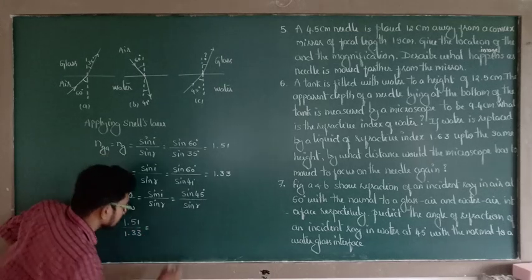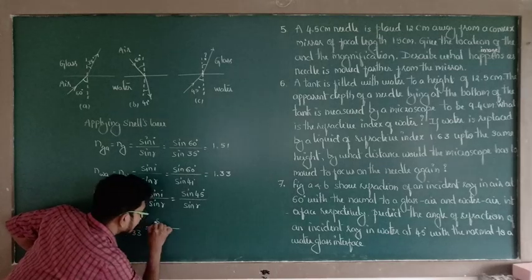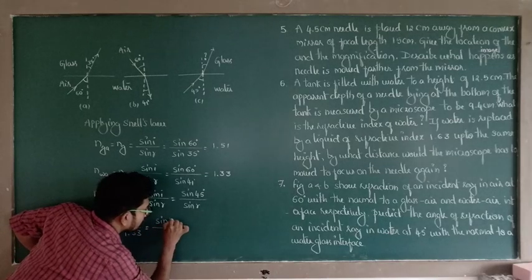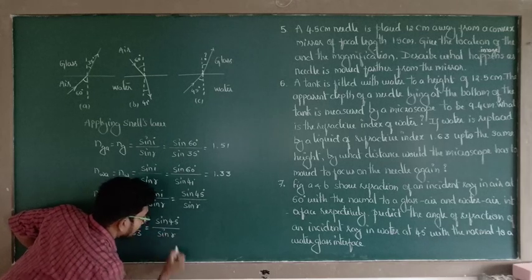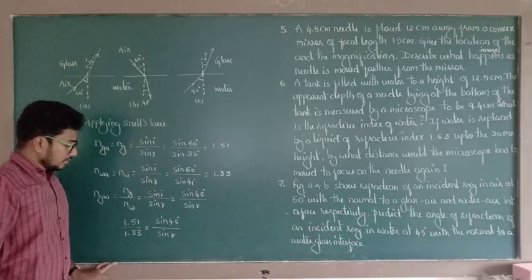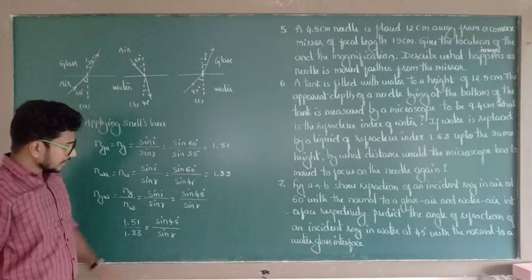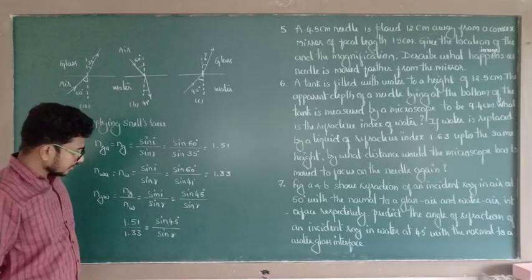So 1.51 divided by 1.33 is equal to sin 45 degrees divided by sin r. Put in the value of sin 45 degrees and cross multiply, and you will get r.